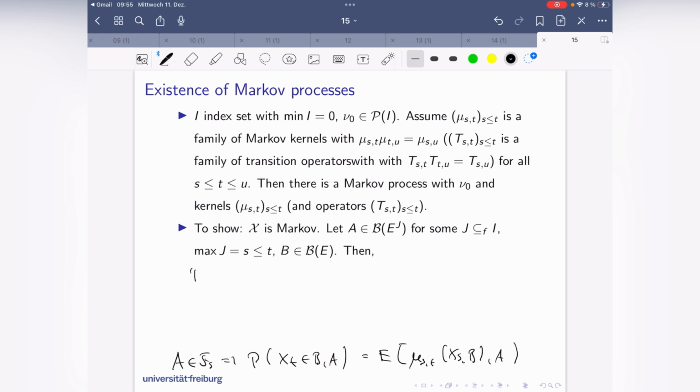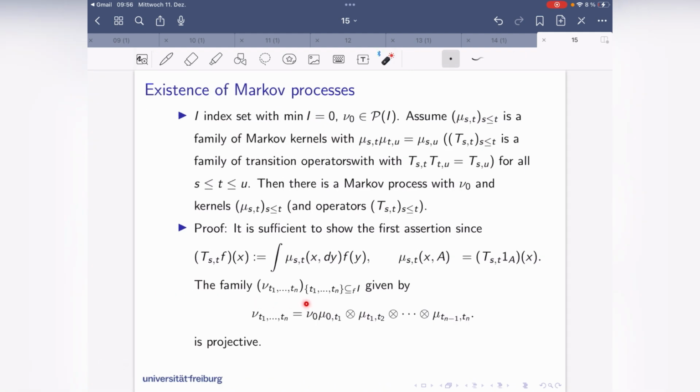And when we have this, we can write the probability that X_r, r in J, is in A, so that's a set where we can evaluate the finite dimensional distributions, and Xt is in B. We can evaluate this because we know the finite dimensional distributions of our process X. And this is in this case nu_{J union {t}}. So that's what we defined here.